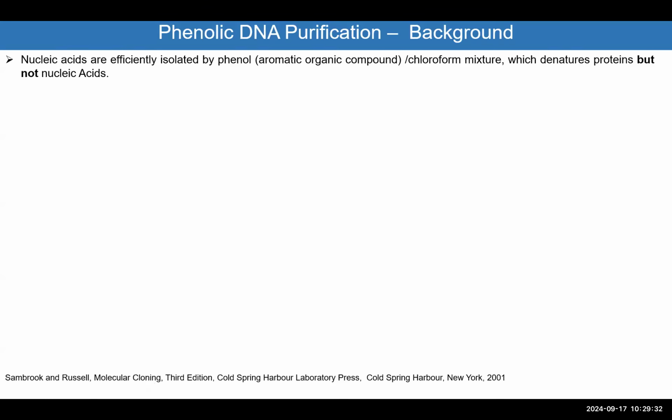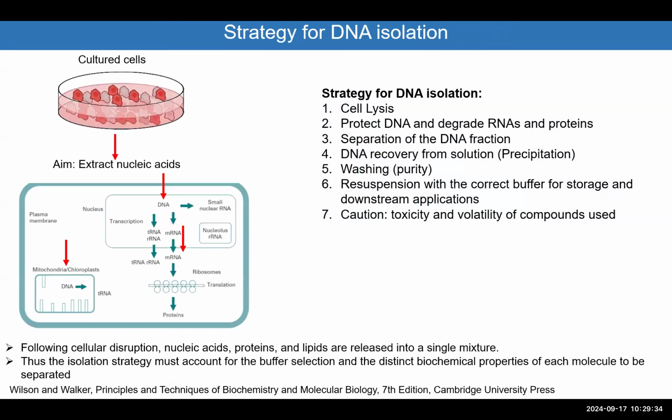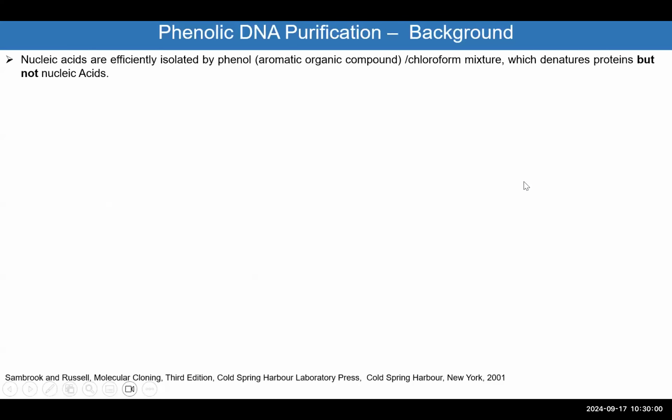So this is already very good, because if I go back to my slide, you lysed your cell, and then you want to protect your DNA, and then you want to degrade RNA and proteins. By using phenol chloroform, you already got rid of the proteins, because most of the proteins are denatured. You end up with a situation where you have DNA and RNA together, and we can deal with this down the road. So that's a very good solution to use.